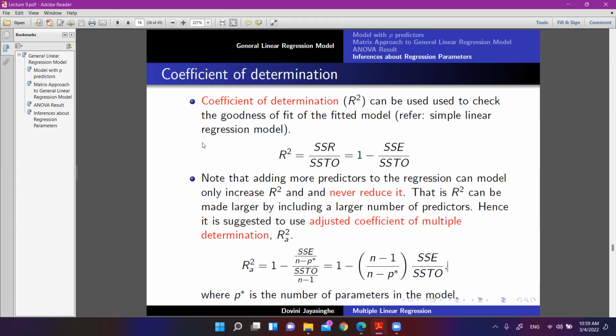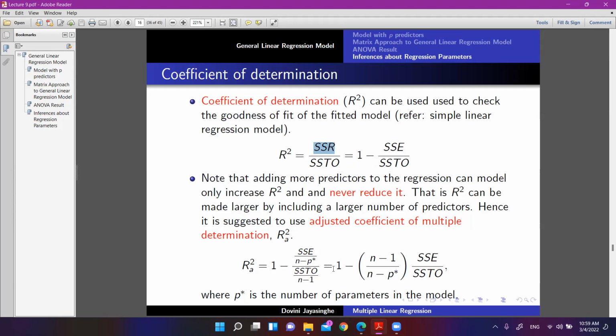But generally, in simple linear regression, this is how you compute R squared. In multiple linear regression, we do not use this as a very good measure just because of this issue, right? When we have more predictors, this is anyway getting larger. So we cannot say whether the model is good or not. So we do some adjustment.